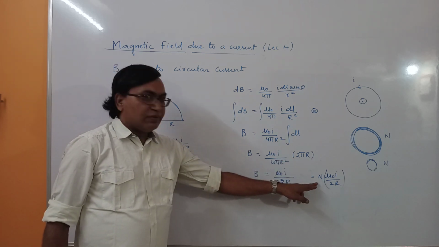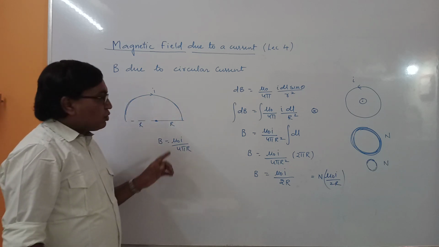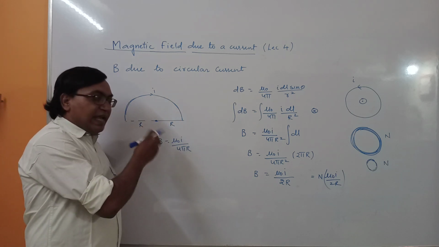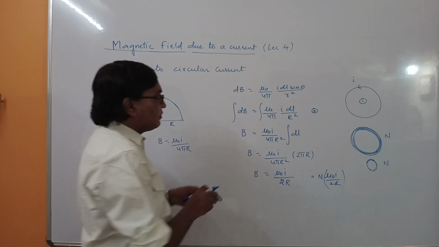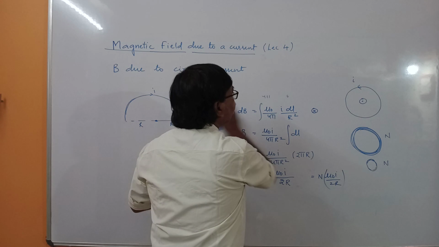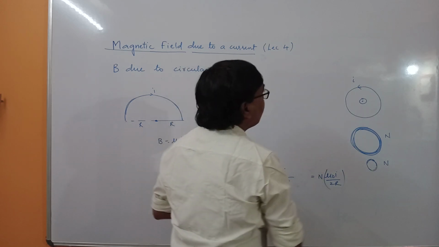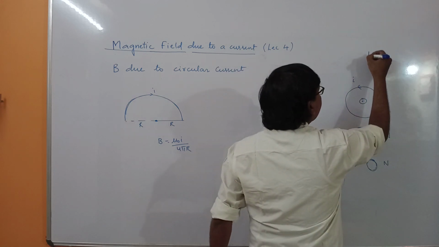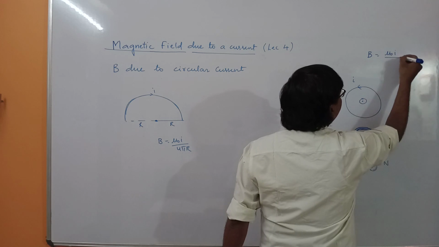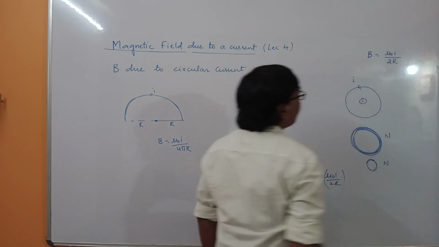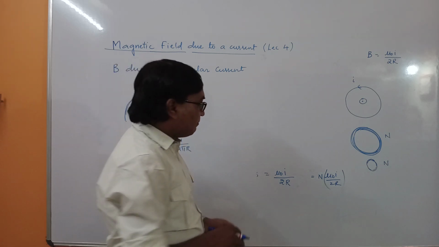So this is for a full circle, and this is for a semicircle. You can find it for any angle theta. How will we find it? Just remove this and write the equation which we got. B, the magnetic field at its center, is mu naught I by 2R for one loop. If you have n number of loops, just multiply with n.